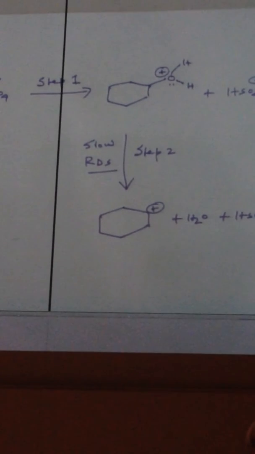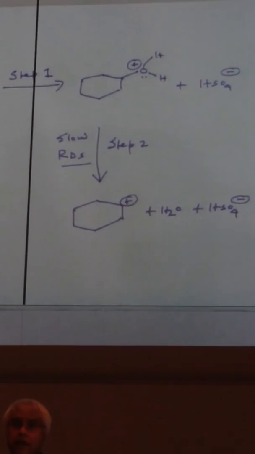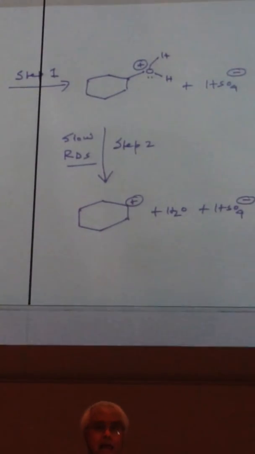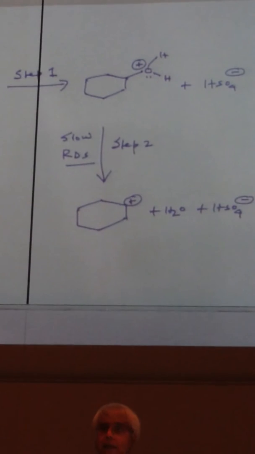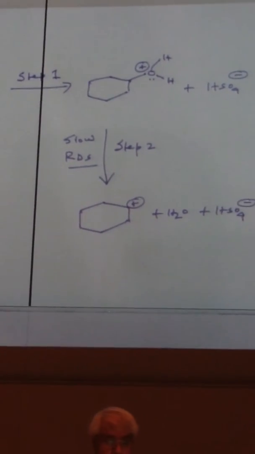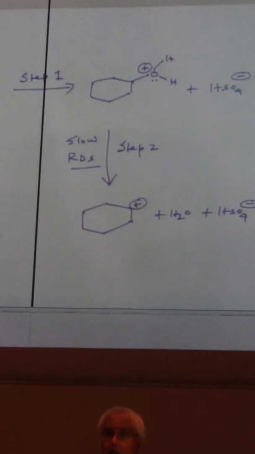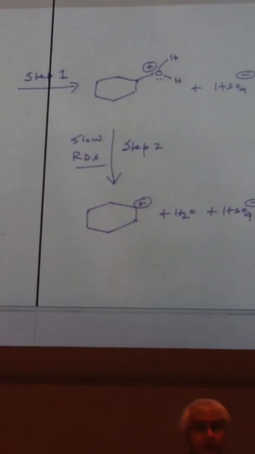Now, what is different now is the third step. You remember this part was exactly the same as we have seen in substitution reaction. But in the substitution, you had a nucleophile present that was going to attack the carbocation and form a new product. In this case, there is really no good nucleophile present.